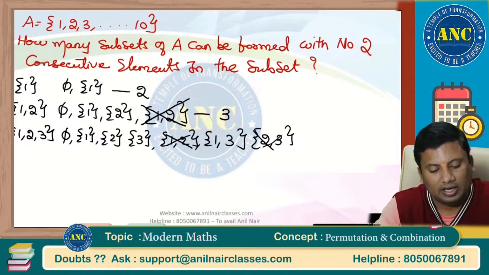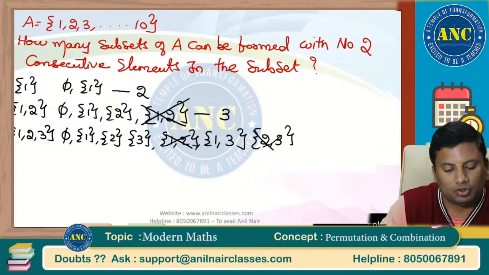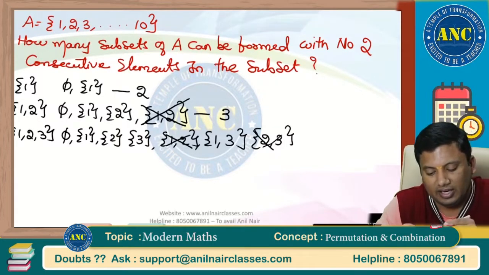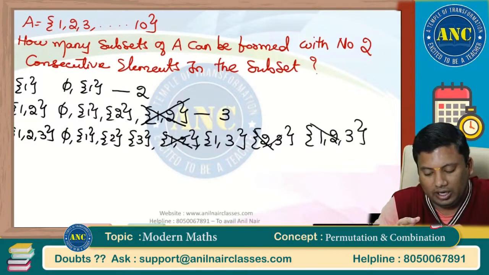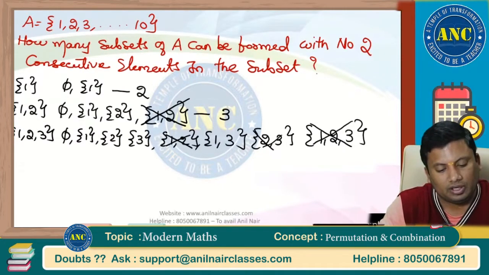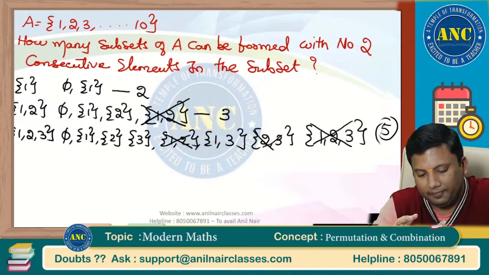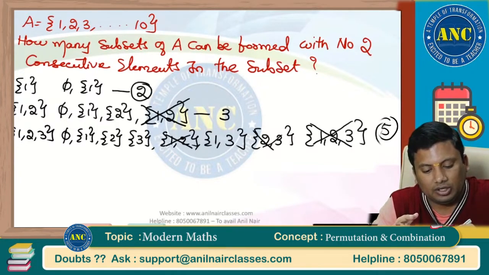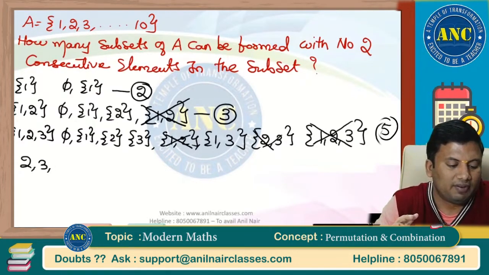Total 3 elements are there, 2 power 3, 8 will come. Next is 1, 2, 3, which are consecutive, so this cannot be chosen. So these are nothing but 5. Here it is 2, here it is 3, here it is 5. Now it is a Fibonacci series application. 2, 3, 5.